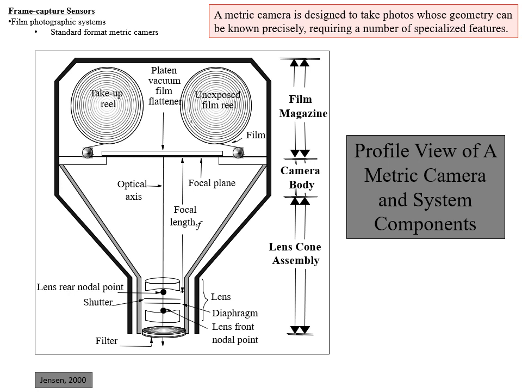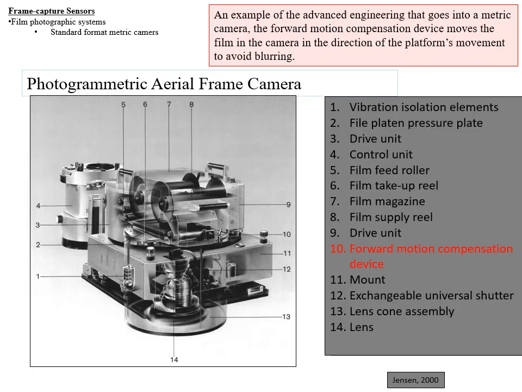So these are very precise, and we'll talk about parts of this camera as we move along. One of the things I always find interesting about these cameras is it has something called a forward motion compensation device. As you're flying, you have your shutter open for some period of time, and your platform is actually moving.